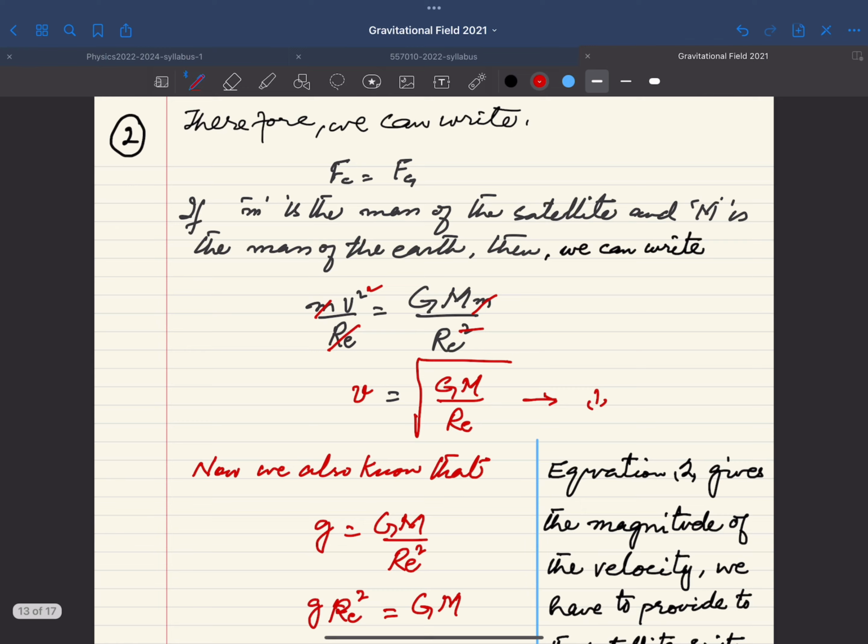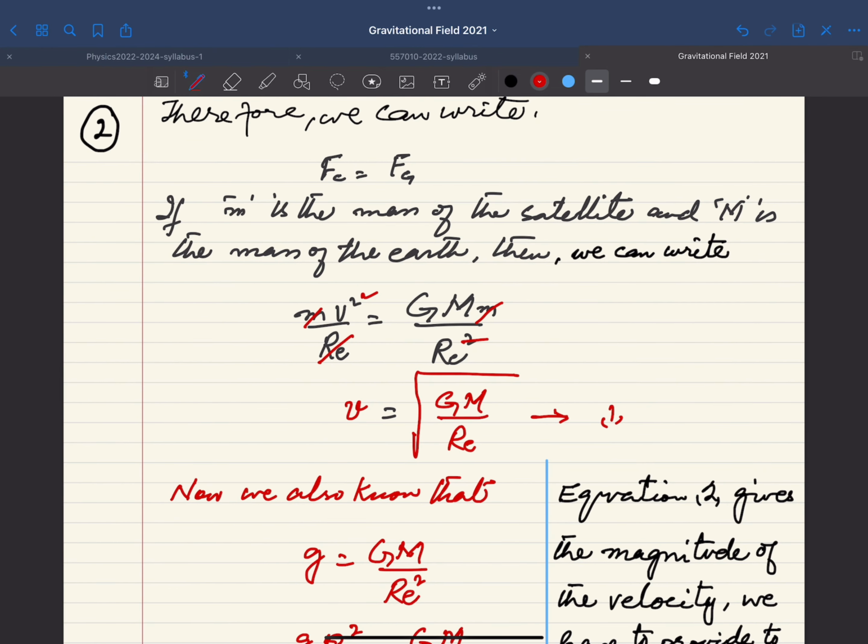Now, when we consider the motion of the satellite around the earth, the satellite is moving around the earth, so there will be a centripetal force, and this centripetal force is coming from the gravitational force. So we can write Fc, the centripetal force, equal to the gravitational force.